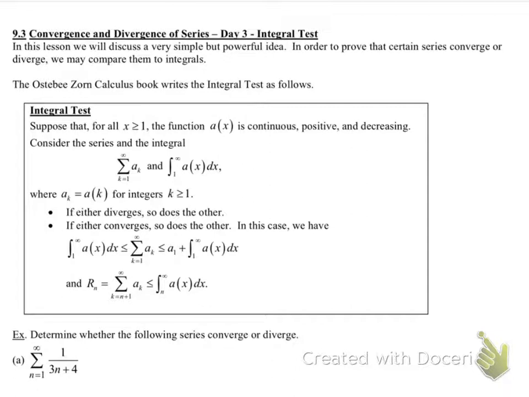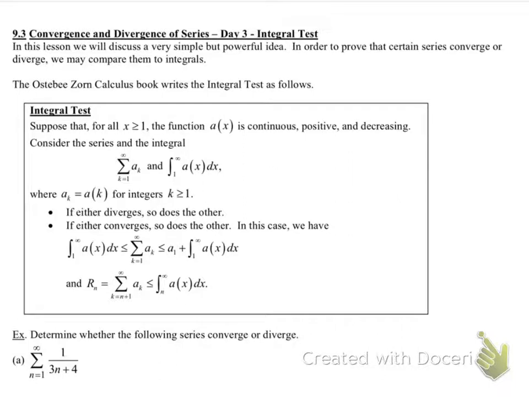If you look at the integral test, this is a pretty simple situation. The series would be the sum from k equals 1 to infinity of a sub k, and the integral would be the integral from 1 to infinity of a of x dx.